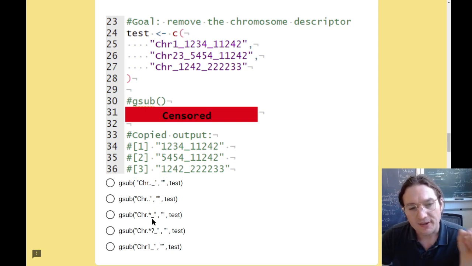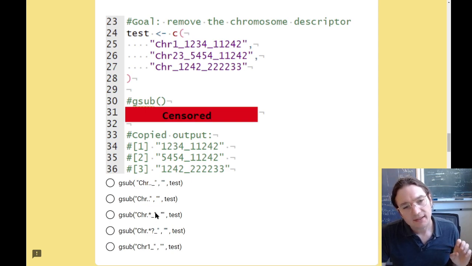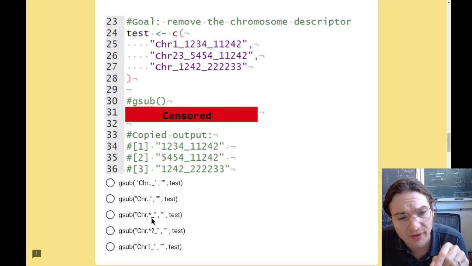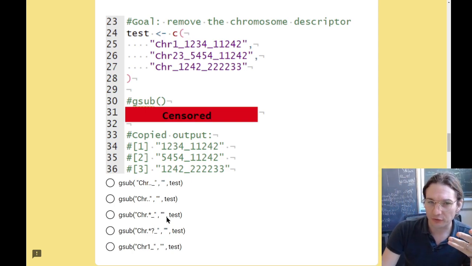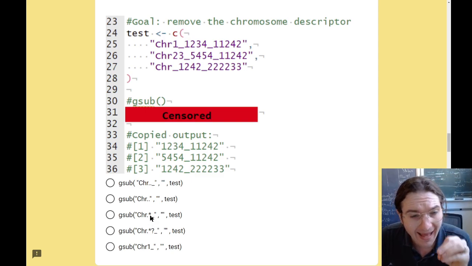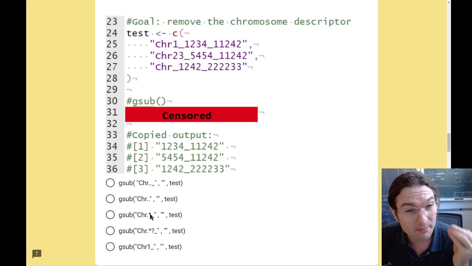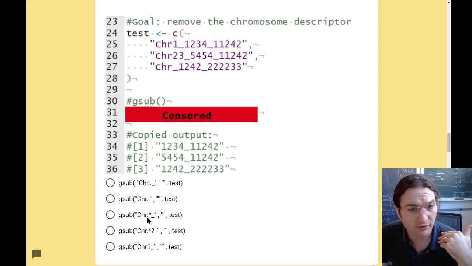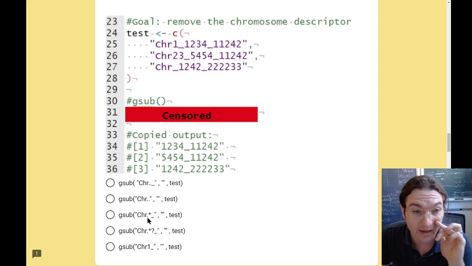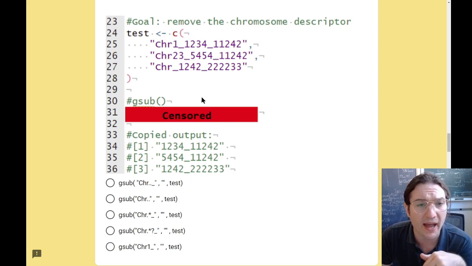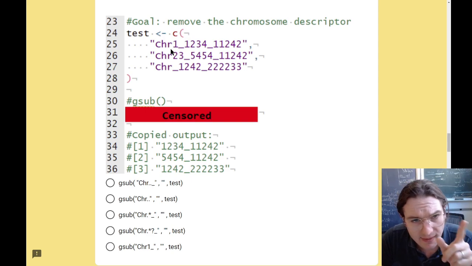Okay, CHR, dot, and then an asterisk. This one's going to be a little bit interesting because after the asterisk is an underscore. The problem is that with that asterisk being greedy by default, it is going to continue to repeat the previous character, the dot, as many times as it can, as long as a complete match is still found. So let's try to implement that and you'll see why that's a problem.